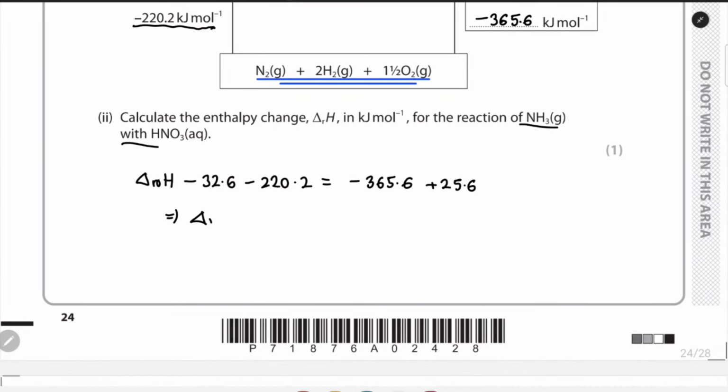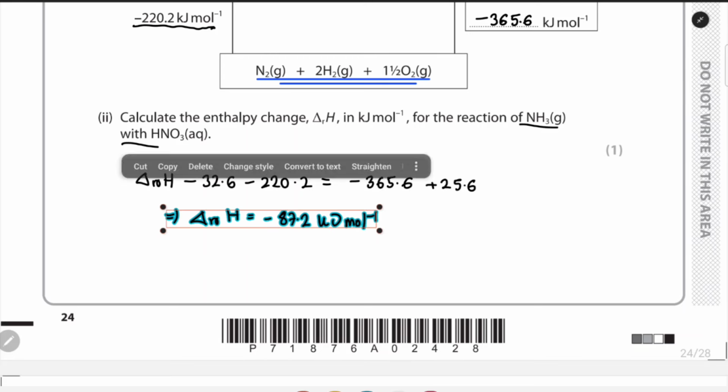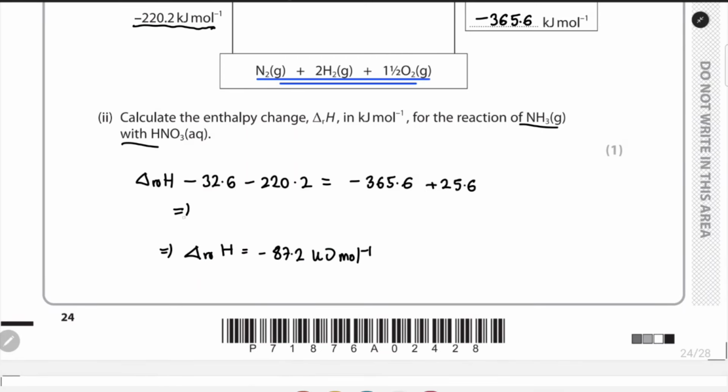We'll move all the other values to the right, and we'll get a value for del H, which will be minus 87.2 kilojoule per mole. If I want to show the calculation, this would be the enthalpy change being minus 365.6 plus 25.6 plus 32.6 plus 220.2.